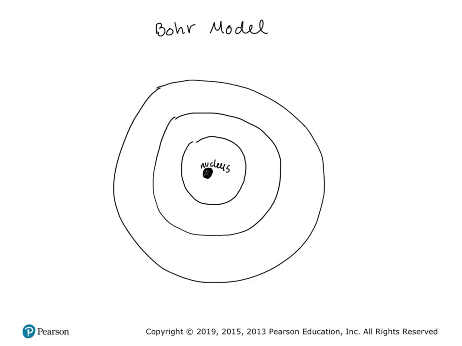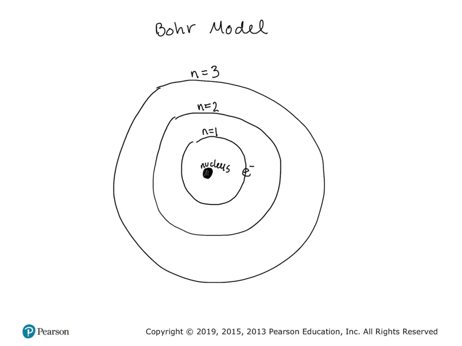So the first energy level, we would call that n equals 1, and then we'd label the next one n equals 2, and we'd keep going depending on how many electron energy levels there are. And then we can start placing electrons around the nucleus. So maybe there's an electron in the first energy level.